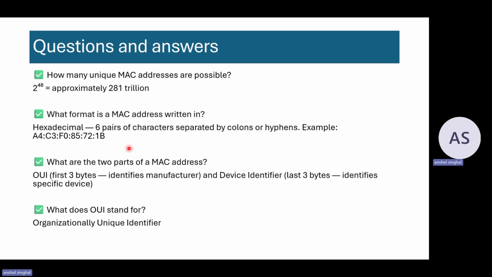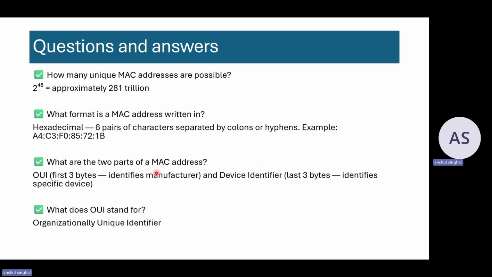In terms of MAC address formatting, it's hexadecimal format where we have 6 pairs of characters, as we can see in this example: A4 colon C3 colon F0 colon 85 colon 72 colon 1B. The separator for these six pairs can either be colon or hyphen, depending on the guidelines provided by the manufacturers of the network interface cards.